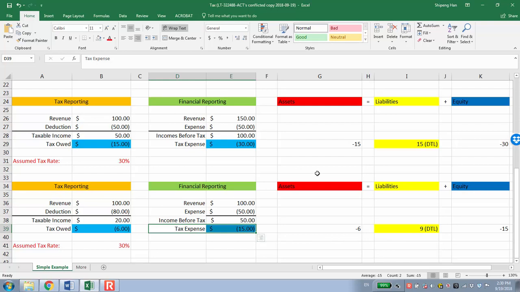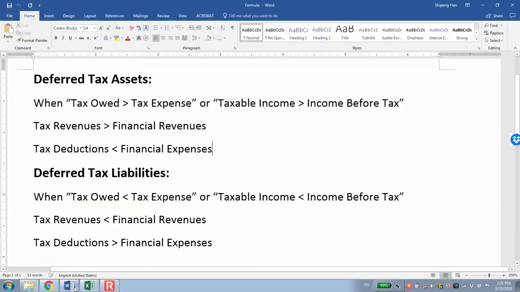Same as the deferred tax asset example, we can summarize. When tax owed is less than tax expense, or taxable income is less than income before tax, the company should recognize deferred tax liabilities. And there are two reasons that result in taxable income being less than income before tax.